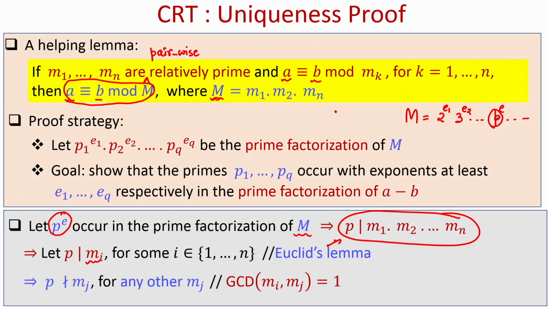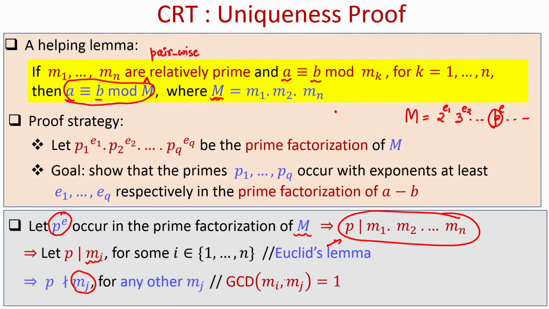and I know that p does not divide any other modulus mj. I can conclude that, because I know that the various moduluses m1 to mn are pairwise prime.